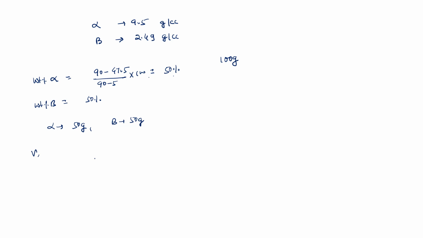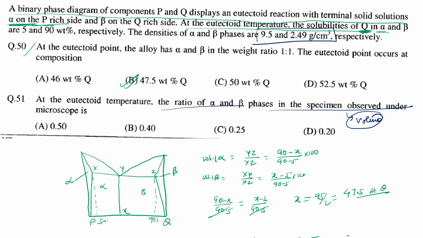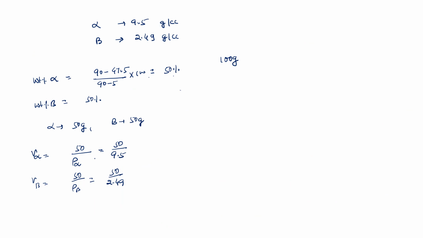So the volume of alpha will be 50 divided by the density of alpha, rho alpha, that is 50 divided by 9.5. The volume of beta will be 50 divided by the density of beta, so 50 divided by 2.49. These are the volumes, right? In the question it is asking the ratio of alpha and beta phases, so we first have to find the volume fraction of alpha and beta, because we can analyze the volume fraction.